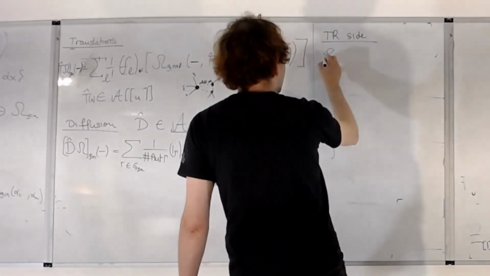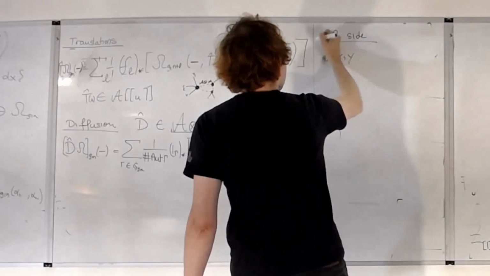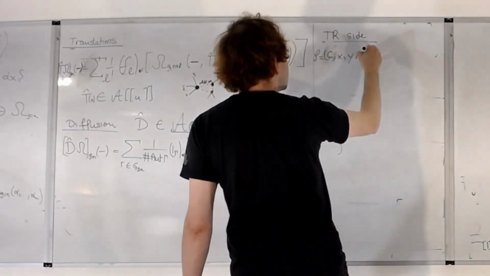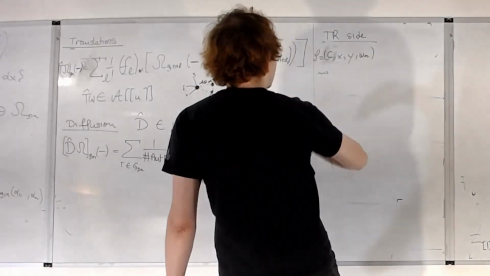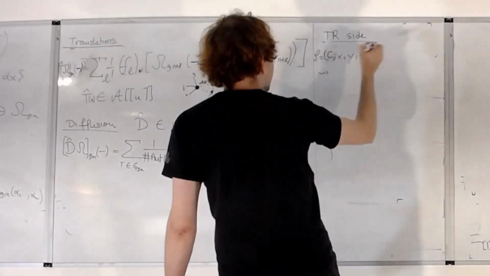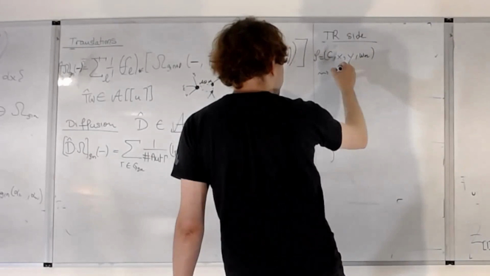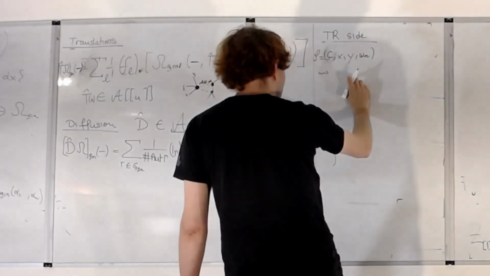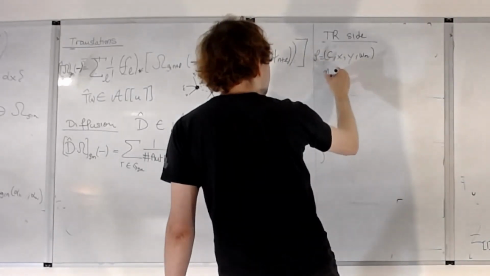So if you have a spectral curve, you're going to define eta alpha m.